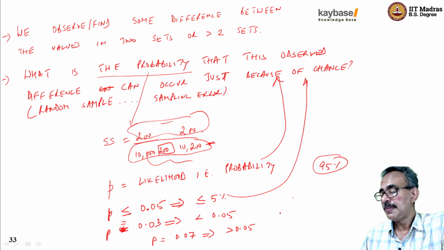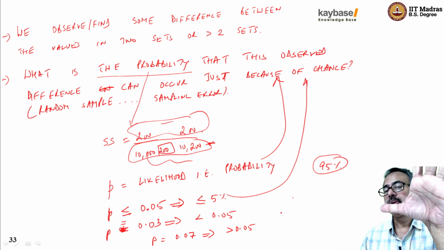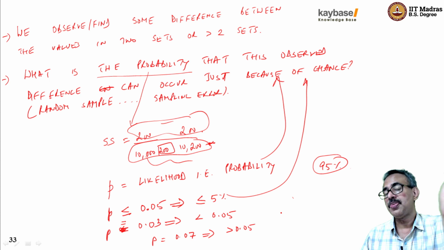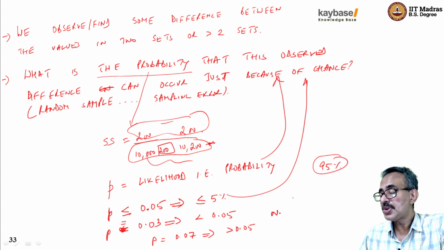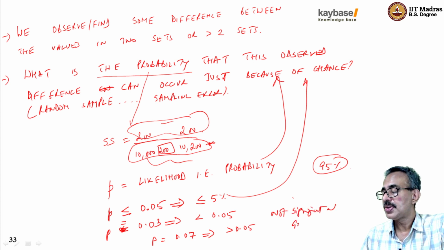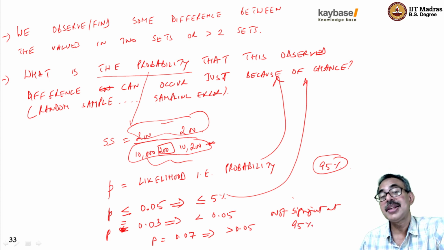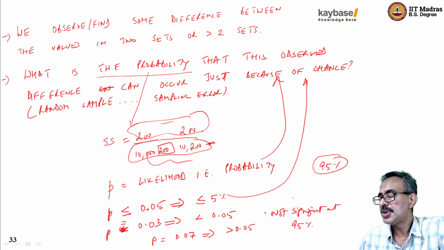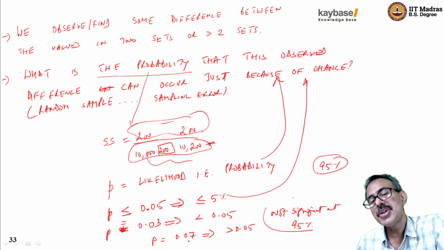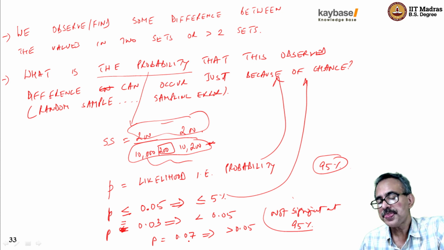Therefore, there's a 7% chance that this observed figure can come just due to probability. And therefore, it is not significant at 95%. However, some researchers will use 90%. And since 0.07 is less than 0.1, right? 7% is less than 10%. Therefore, it is significant at 90%.